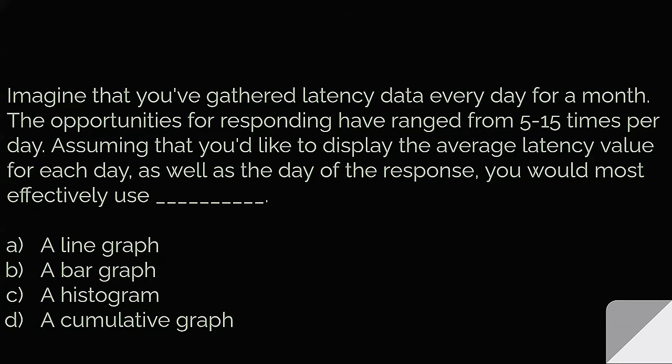We use line graphs over that. You can always remember too, bar graphs and histograms would be better for summary data in ABA. A histogram is really just a bar graph that's stacked on top of itself, or smashed together. A cumulative graph, again, you're seeing average latency.